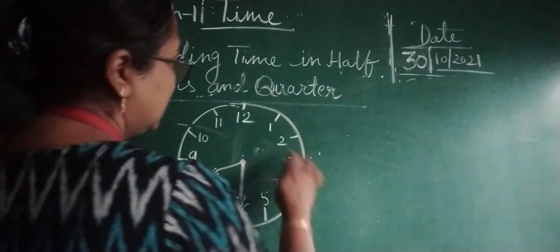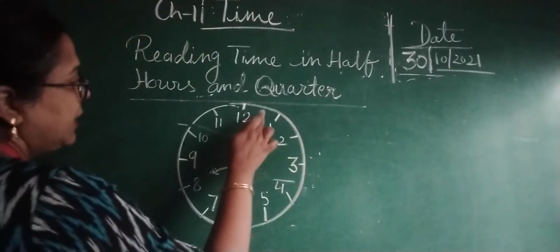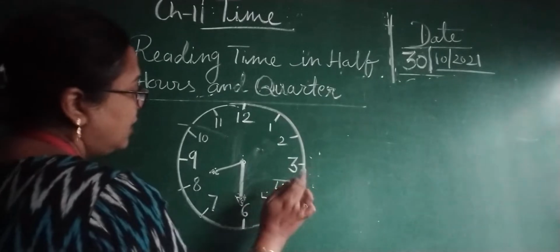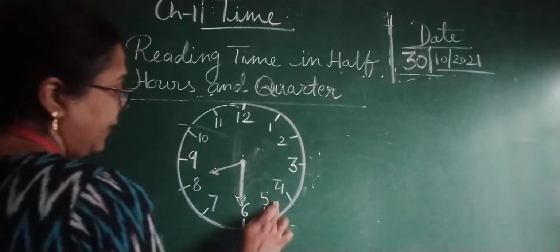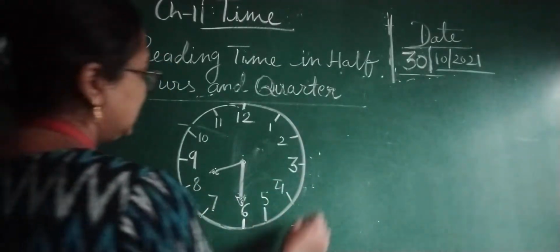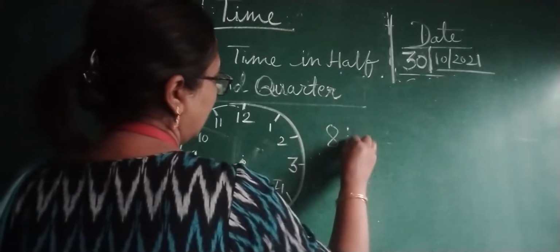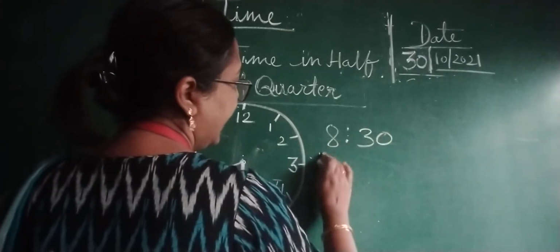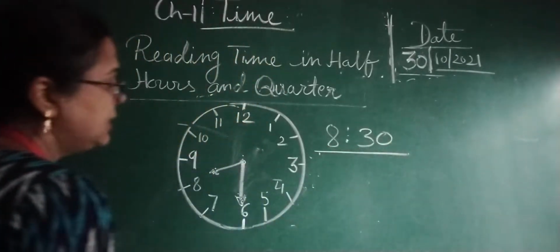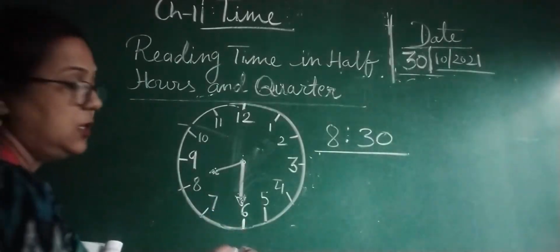So here we will count the minutes: 5, 10, 15, 20, 25 and 30. So this is 8:30, okay, because it is 8:30.